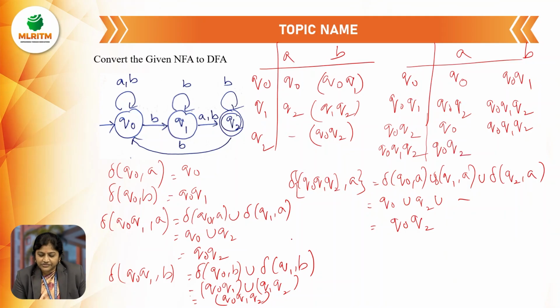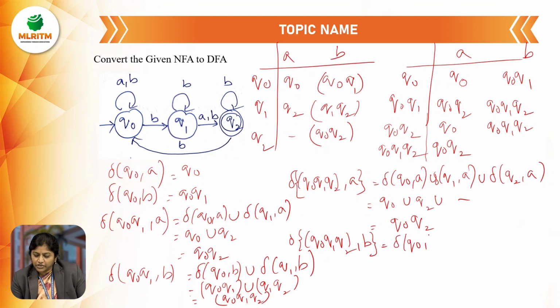Next, the transition of Q0, Q1, Q2 on B. So the transition of Q0 on B, union the transition of Q1 on B, union the transition of Q2 on B. Q0 on B is Q0, Q1.